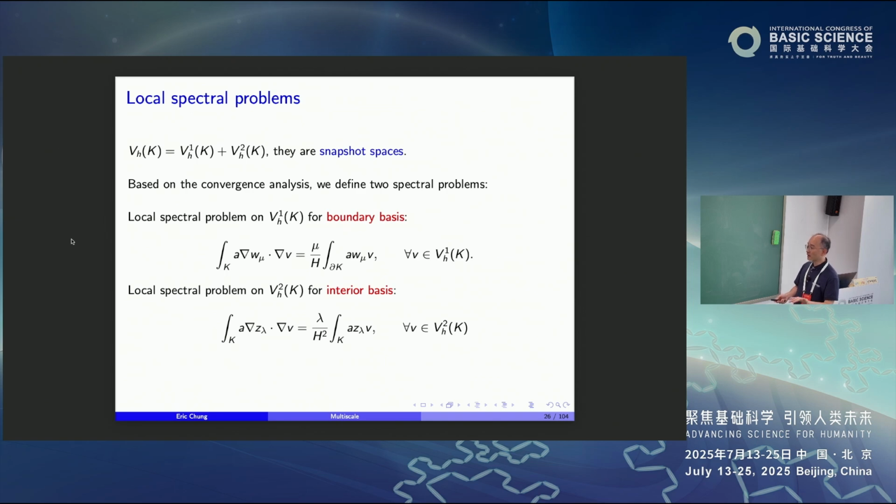On the left-hand side, we have this standard bilinear form, and the right-hand side is defined by this L2 inner product on the boundary of the cell K. For the space V2, which consists of all functions that are 0 on the boundary of the cell K, we can compute the dominant modes by using this spectral problem. Again, the left-hand side is similar, but the right-hand side is the L2 inner product on the cell K.